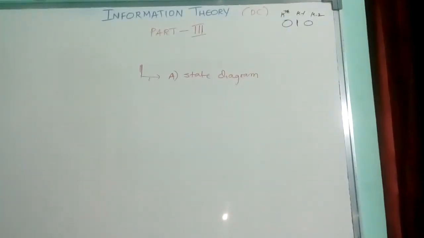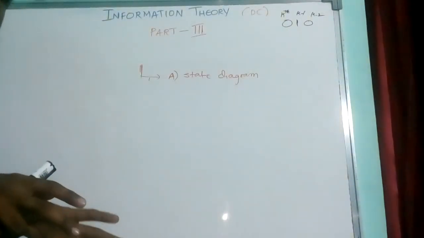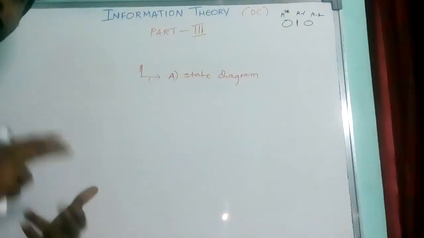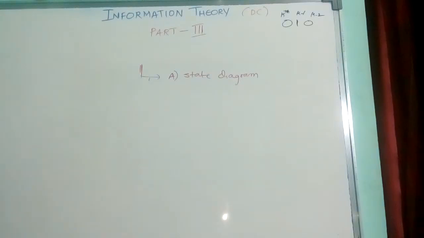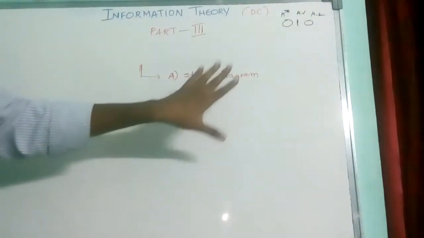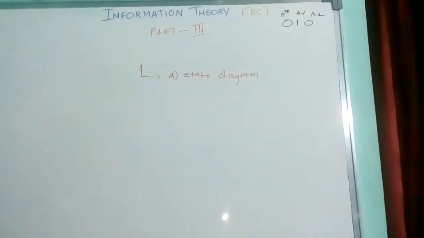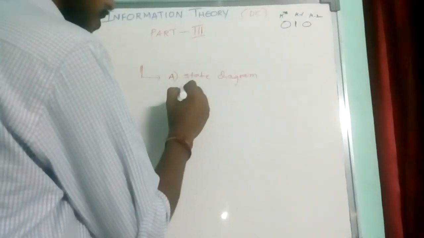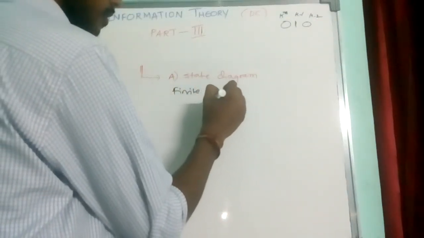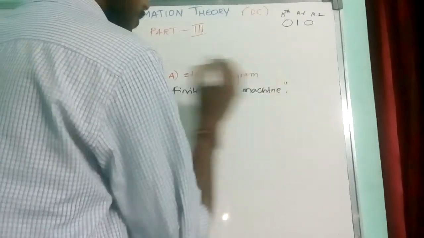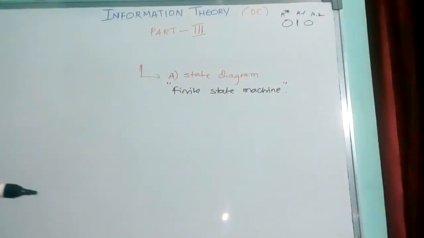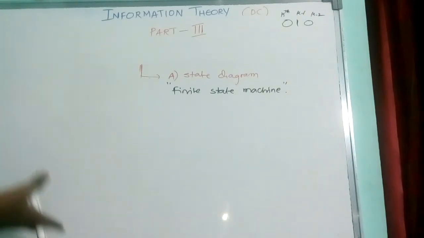You can see my videos on state machines, finite state and infinite state machines, in my VLSI course. Here the state diagram is defined for a finite state machine, and this finite state machine is my convolutional encoder.